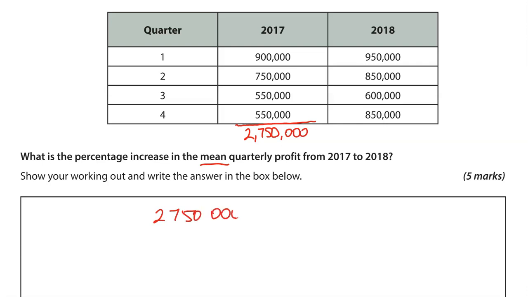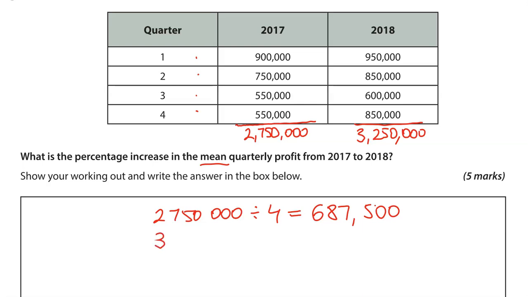Now we're going to divide that by 4, as it's 4 quarters, which gives us 687,500. Adding all of the numbers for 2018, we get 3,250,000.